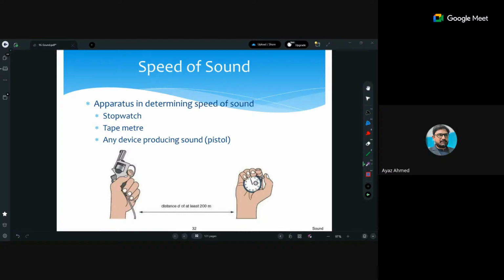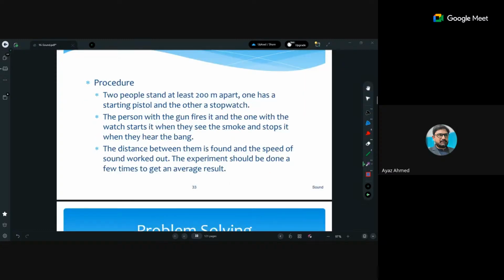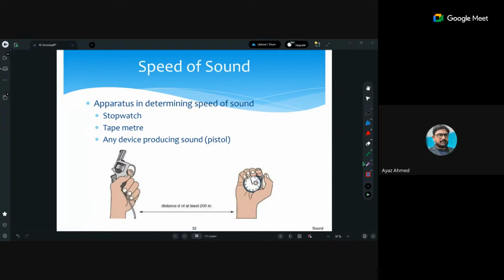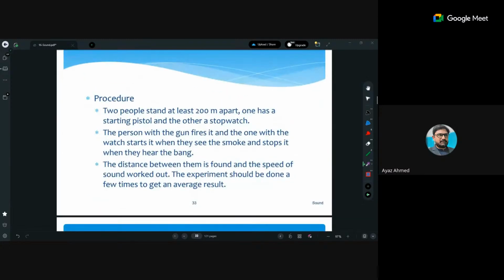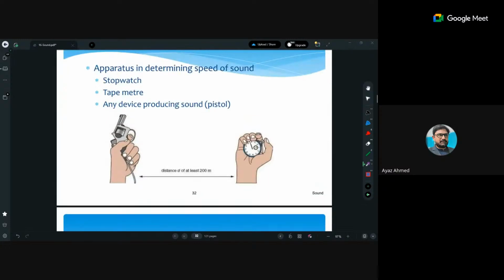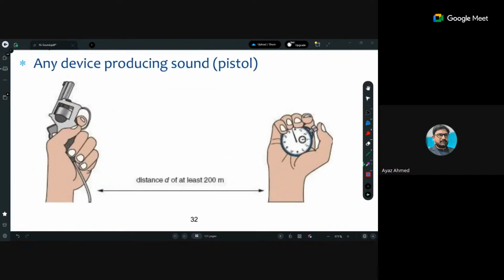Now, you may be asked a question for 4 marks: describe a method to determine the speed of the sound. The procedure is that there should be two persons, they must be at least 200 meters apart, in open air. One must be with a puff pistol, and the second with a stopwatch.